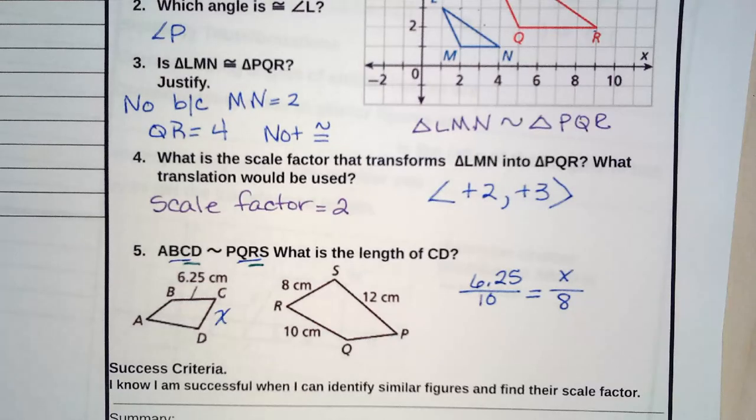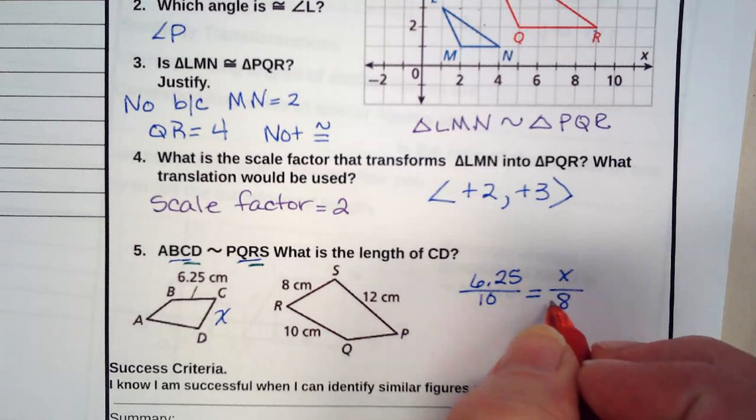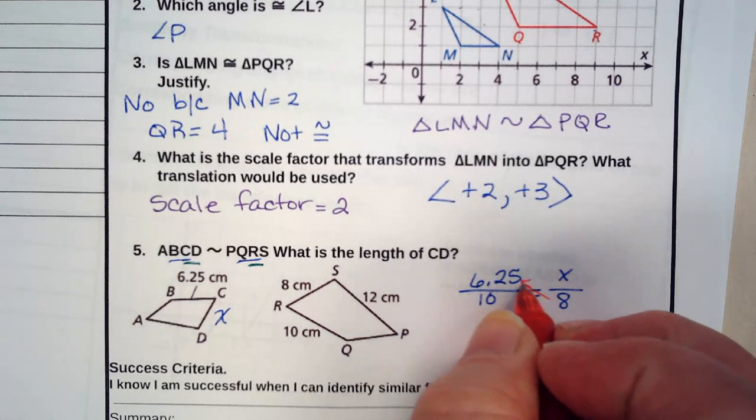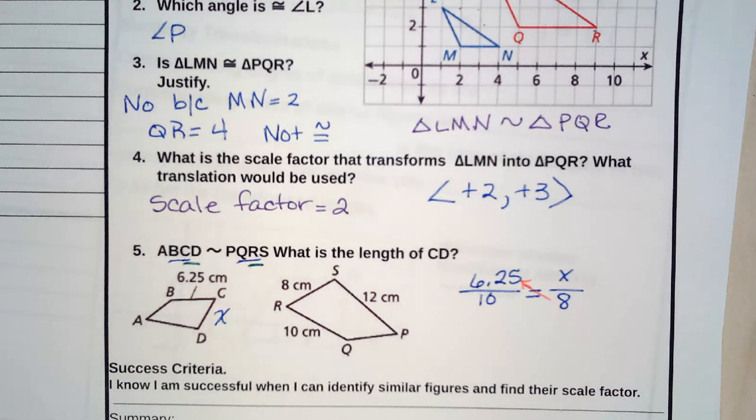So now we take 8 times 6.25 and then we divide it by 10.